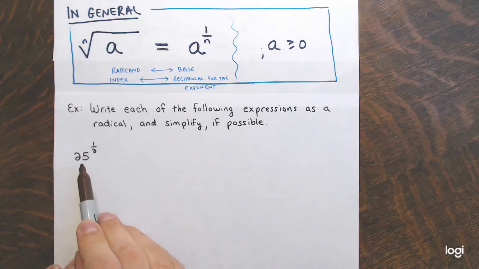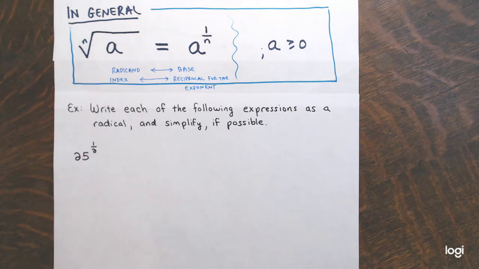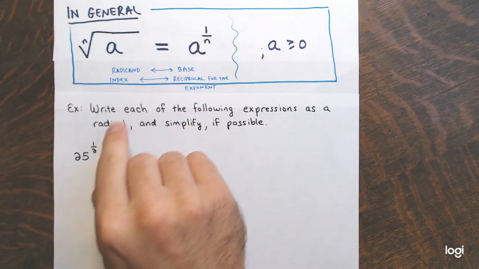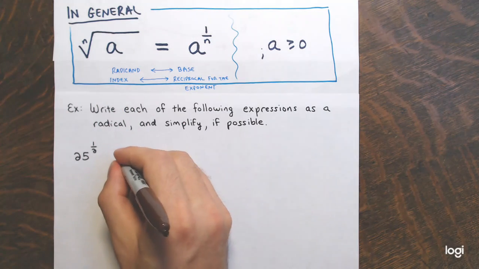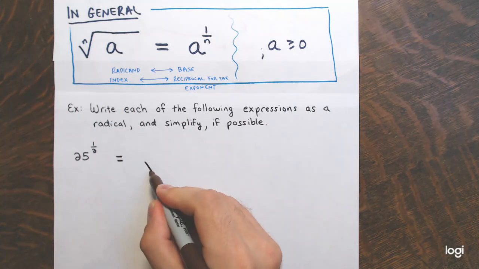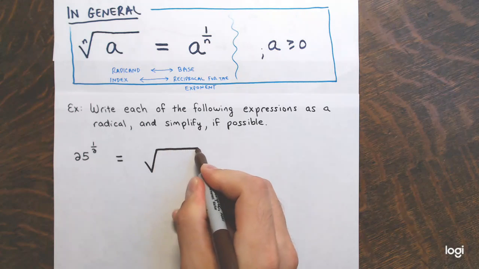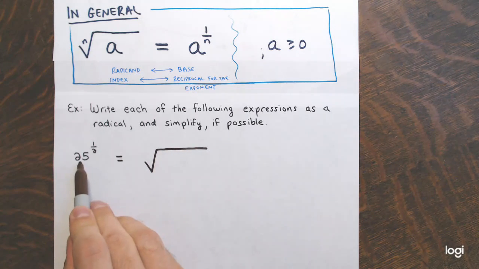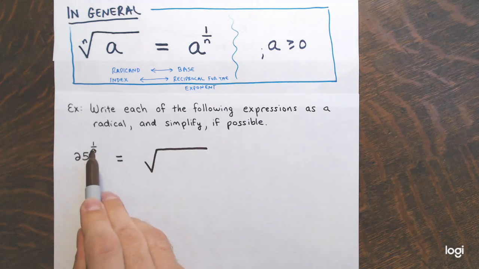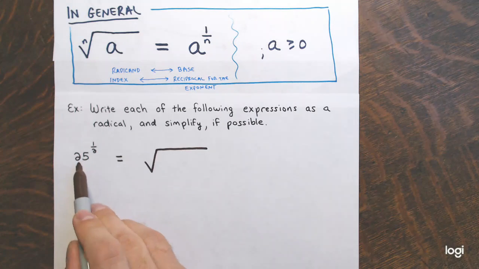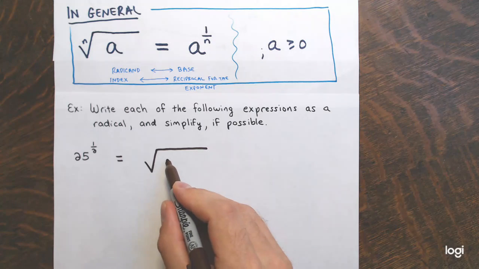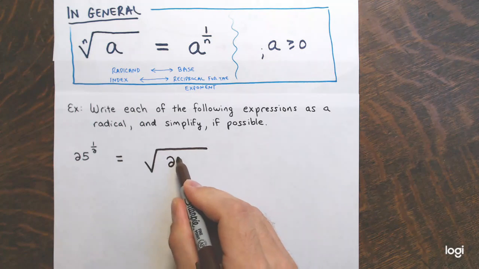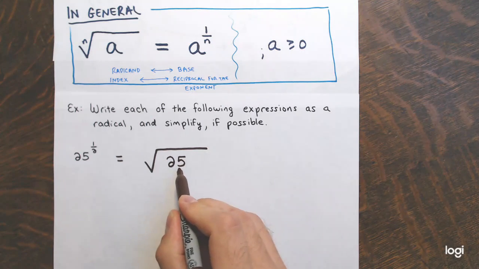So remember, 25, the base, 25 becomes the radicand, right? So this is equal to, I'm going to make the radical symbol, and then the base over here, again, the base on the power, the exponent is 1/2, base is 25. The base becomes the radicand, right? The expression underneath the radical symbol.